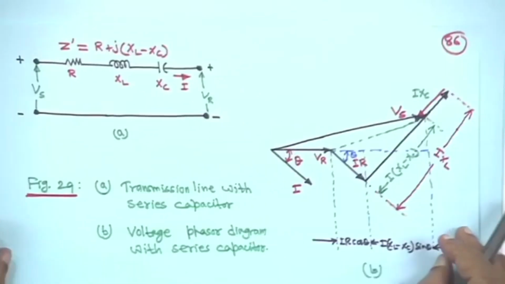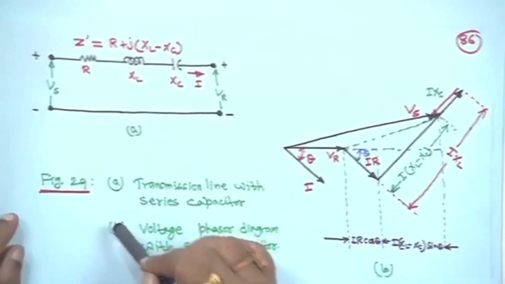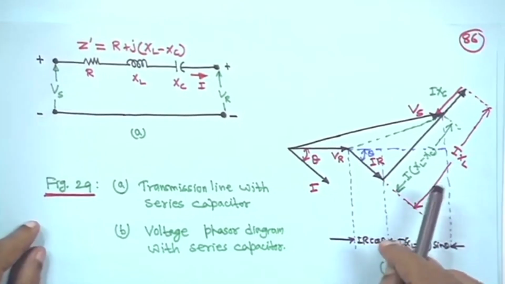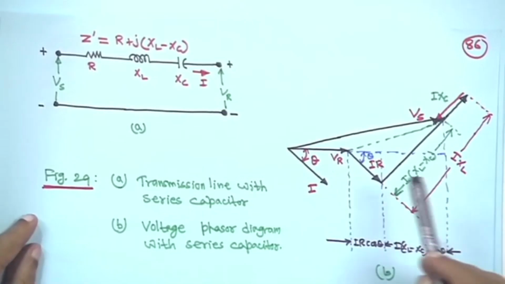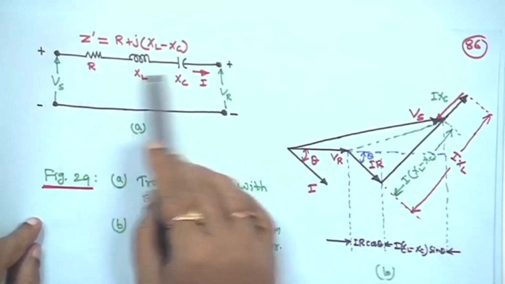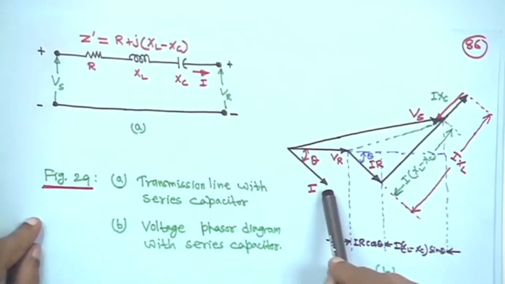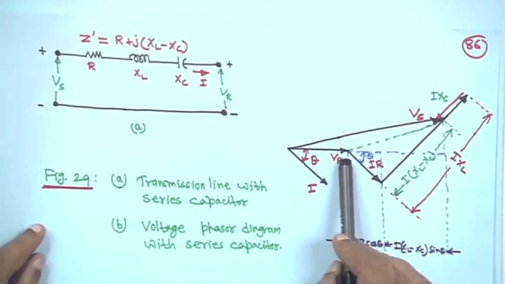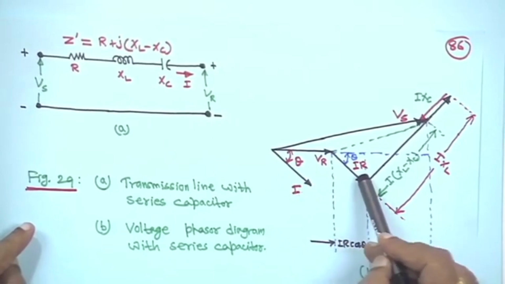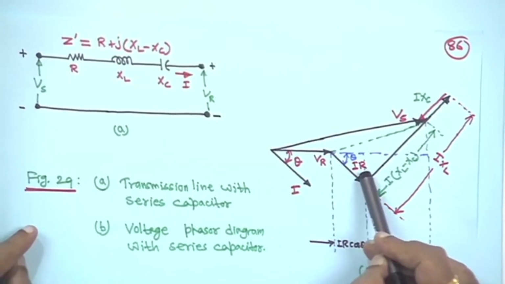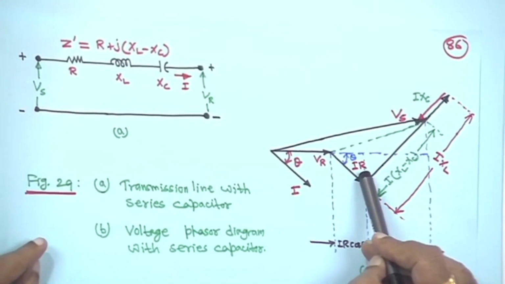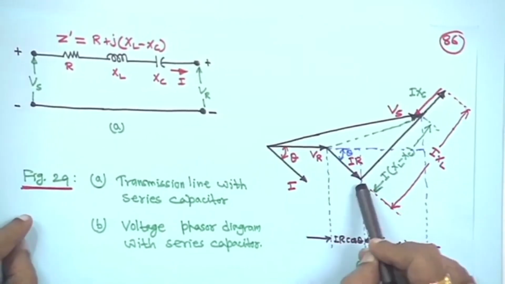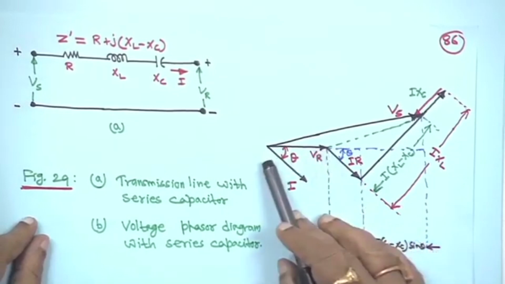Now if you draw the diagram, instead of separate diagrams like the shunt capacitor where we had 4 diagrams, 2 phasor diagrams and 2 circuit diagrams, here we have made only one. This is the current I flowing through, at angle theta, and this is the receiving end voltage VR. Again I am not putting magnitude signs, but it is understandable. This part is IR, because I is here.